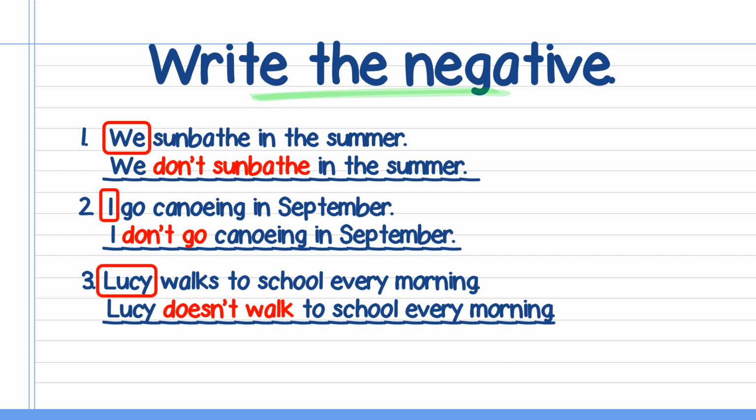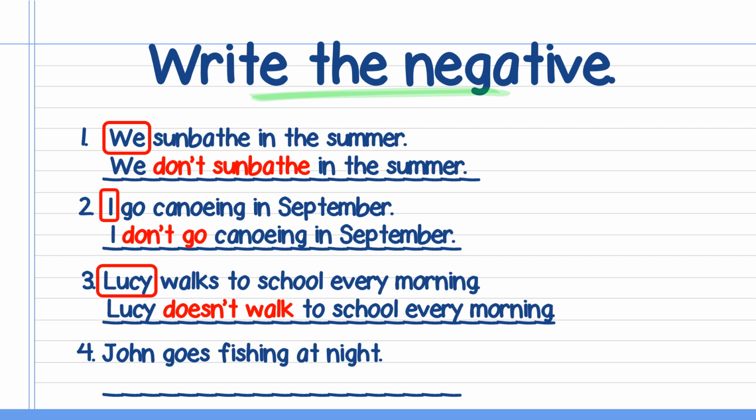Why we don't use walks? Because I told you just now, in the negative form of the third person singular, the main verb doesn't take an S. So you don't have to put S to the verb.